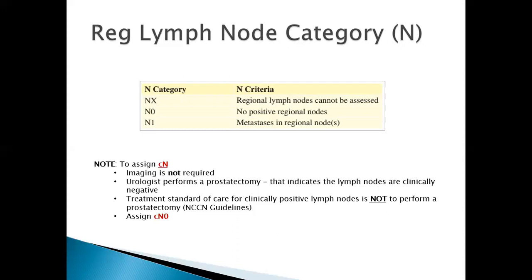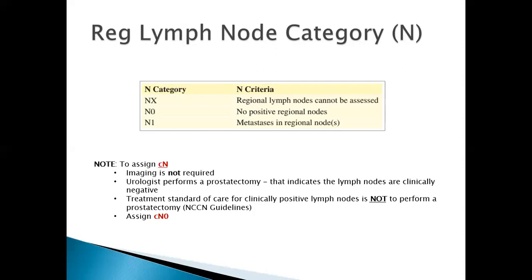The NCCN guidelines state that if there are clinically positive lymph nodes for a man with prostate cancer, you would not perform a prostatectomy. So if the urologist is performing a prostatectomy, they are stating that the lymph nodes are clinically negative. So we would assign a CN0, even if there's no CT scan done, okay?